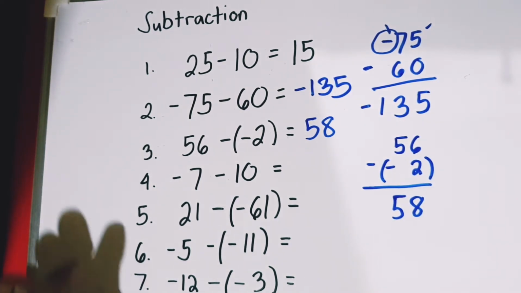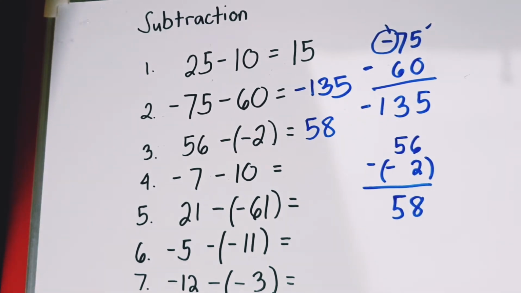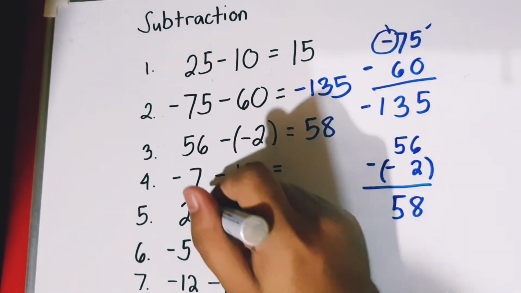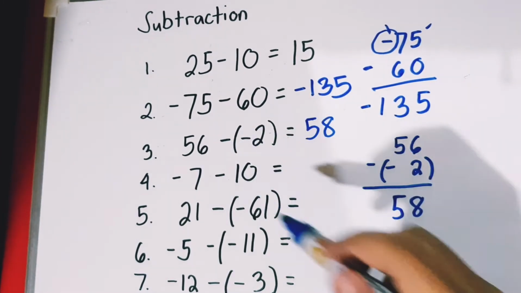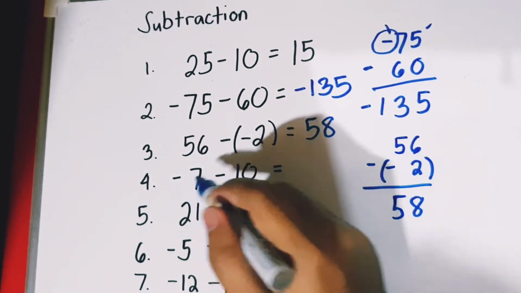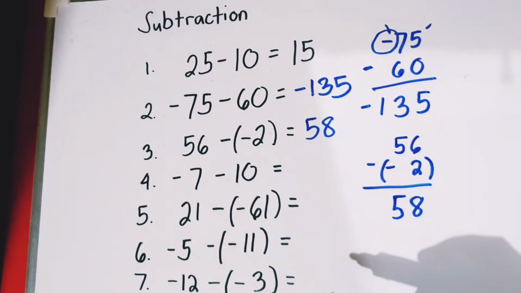Then in case number 4, as we can see, the first number is smaller than the second number, 7 and 10 in regards to the sign.